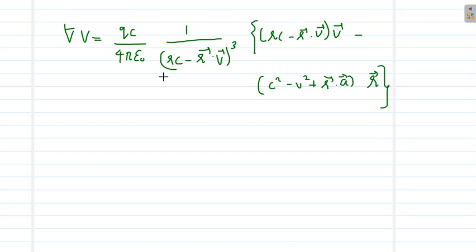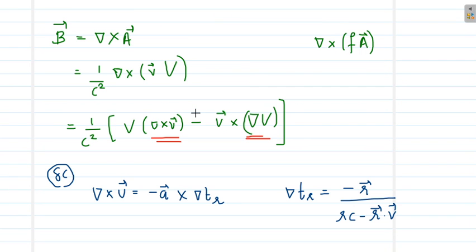So this was the equation of del V as found in the derivation of electric field due to a moving point charge. So let us simply substitute this del V and the equation for del cross V as well as the equation of del TR into the equation number 1.